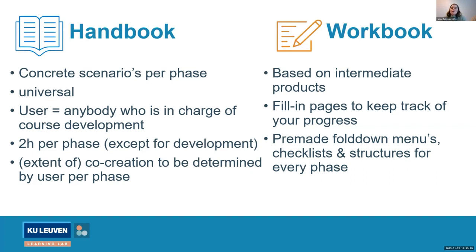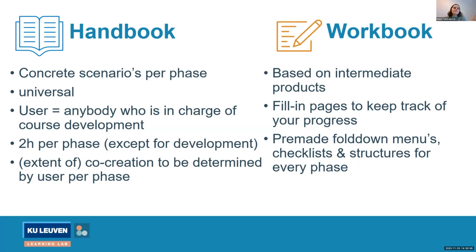The user of this handbook is actually anybody who's in charge of course development or multimedia development, so the target audience is quite broad. Our starting point is that you need to take around 2 hours for going through every step, except for the 5th step, the development of the multimedia itself, which will normally take longer, but it depends a lot on the multimedia format that is chosen.